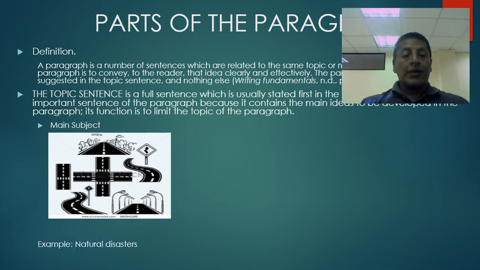Here it says, the example of the main subject, it says natural disasters. When you listen to the word natural disasters, you just get the idea in general of natural disasters, but you don't know exactly what the writer is going to talk about on this topic. So for that reason, it is necessary that we include the next part of the paragraph.